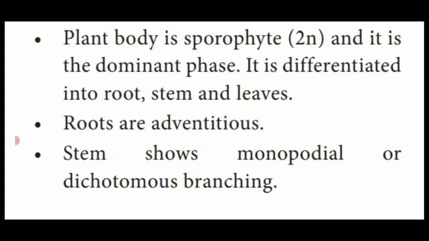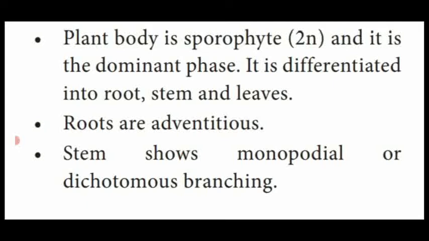Or another definition: a cluster of roots arising at the base of the stem or in the nodal region of the stem is known as adventitious root. This type of root is present in the pteridophytes. Then the stem shows monopodial or dichotomous branching.